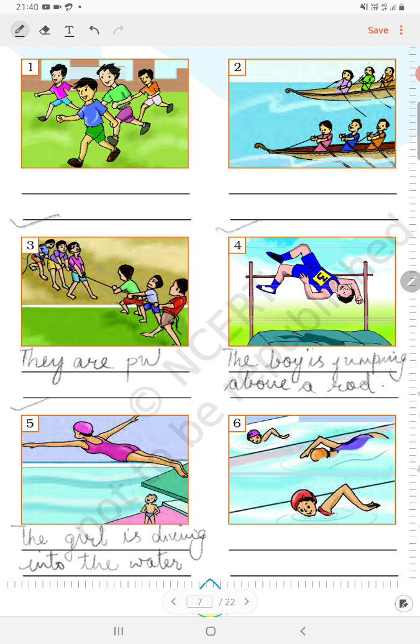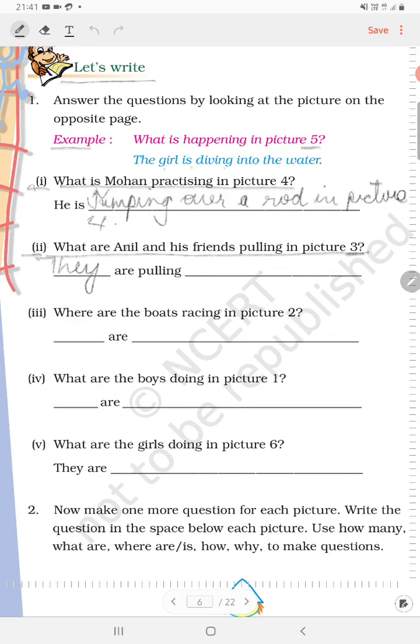Okay. Coming back here, what are Anil and his friends pulling in picture 3? They are pulling a rope. It can be a rope or the rope. Anyone is correct. They are pulling a rope.